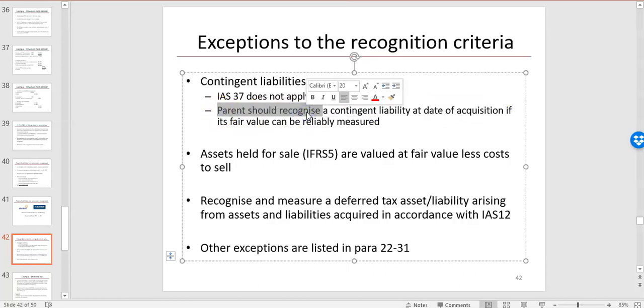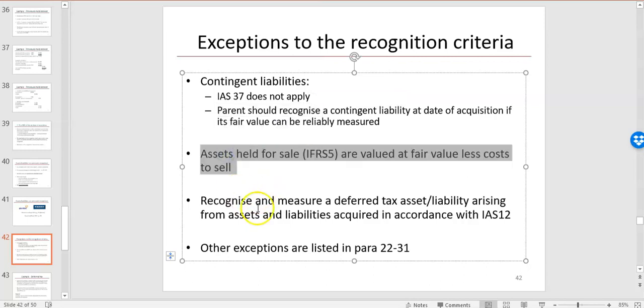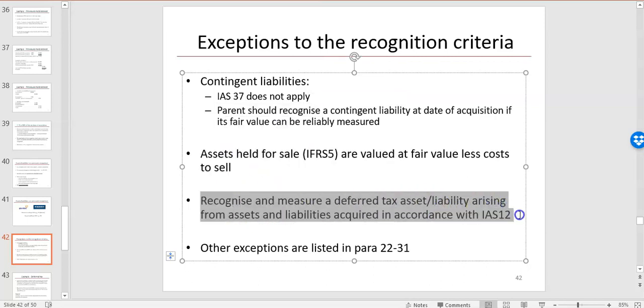So IFRS 3 overrides IAS 37. If there is a contingent liability in the subsidiary at the date of acquisition, even if it's not in the subsidiary's accounts, because it shouldn't be under IAS 37, when the acquisition occurs and you're doing group accounting, IFRS 3 overrides that perspective. Now, there are other exceptions around how you measure assets in IFRS 5 and how you recognize tax liabilities. But again, we'll talk about tax in a second.